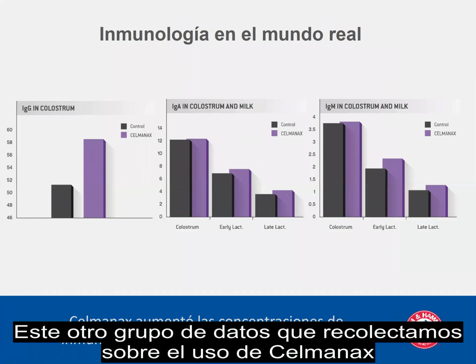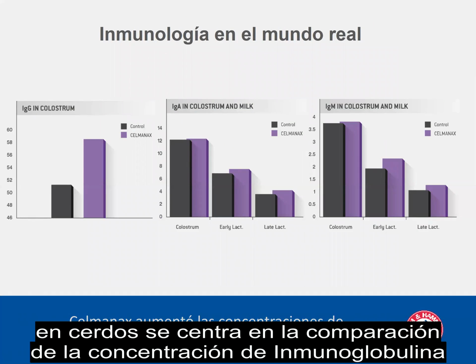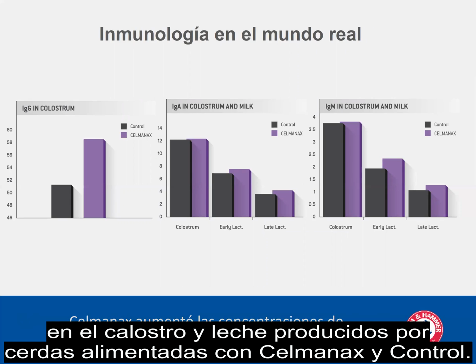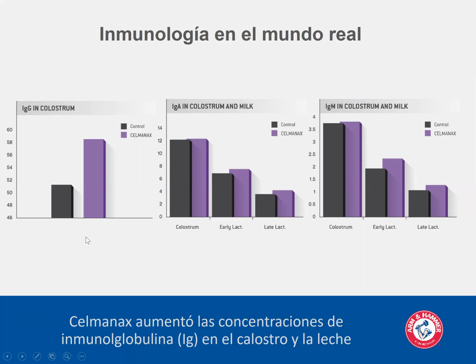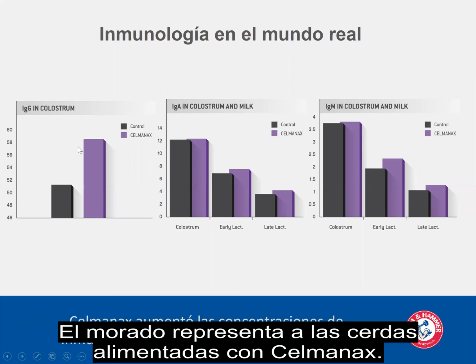So another set of data that we've measured with the Salmonax product in pigs is looking at immunoglobulin concentration in the colostrum and the milk produced from sows fed Salmonax compared to sows fed the control. And you can see in this series of charts here, the purple being sows that were fed Salmonax.